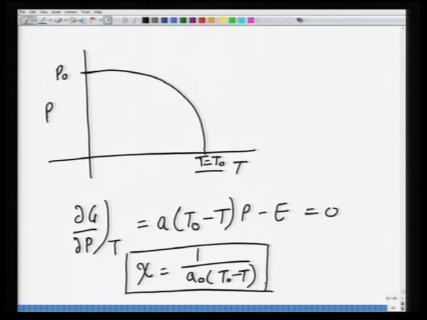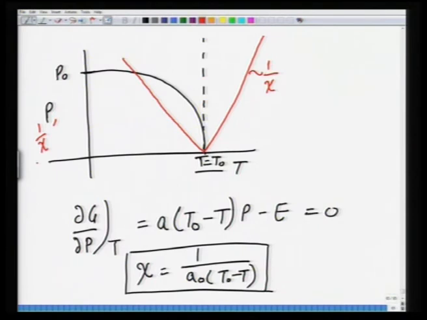So, if you now plot chi, this is the Tc, in fact you have to plot 1 over chi, and 1 over chi goes as this. So, this is your 1 over chi. Typically you need to draw 1 over chi in order to get it more appropriate, because chi will vary something like this.